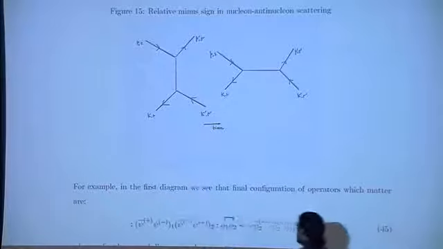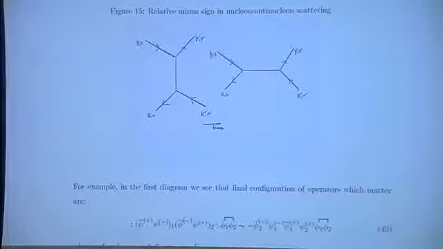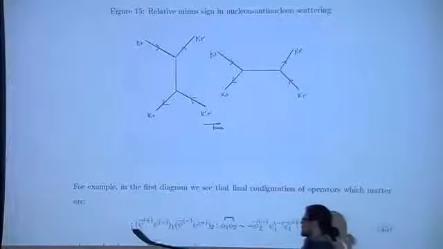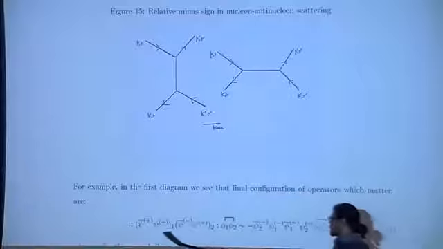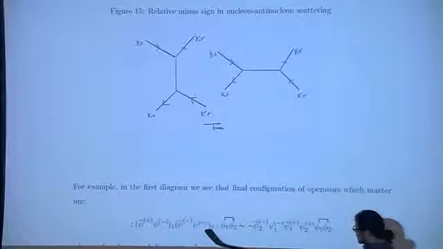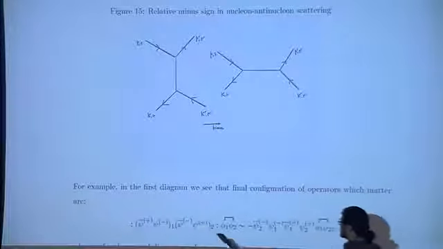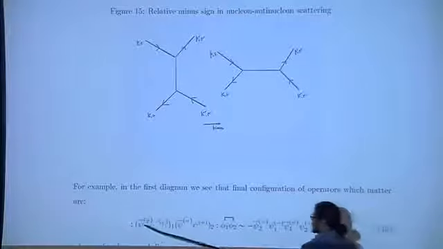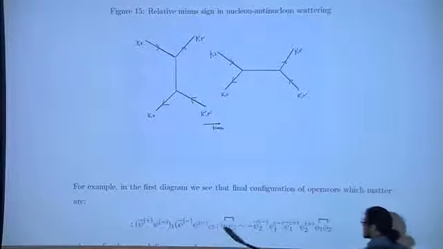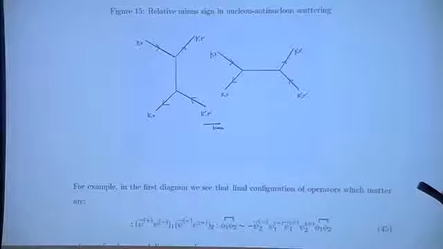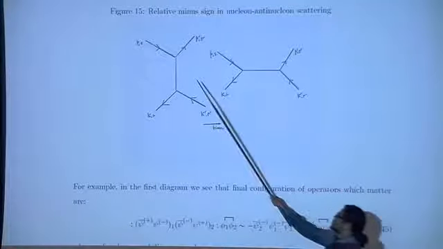If you look at the Dyson series expansion, the second order diagram which is responsible for this diagram is this one. Here I have put the creation and annihilation operator index labels to denote which part of psi bar and psi are responsible for this diagram.